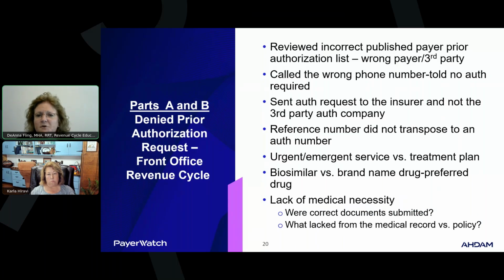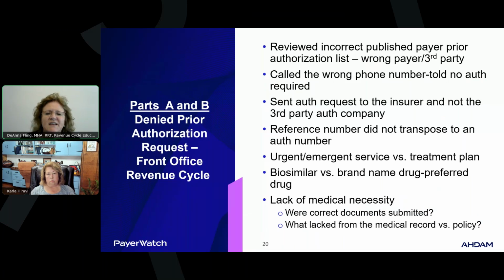If you find yourself calling the insurer to confirm the need for submitting a prior auth request and they tell you one is not needed, be sure that you are armed with knowledge in order to push back. Always push back when they tell you no and you know that that's wrong and that an auth is required. And ask them what the request requirements are.